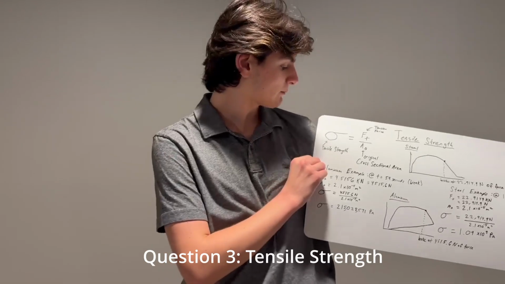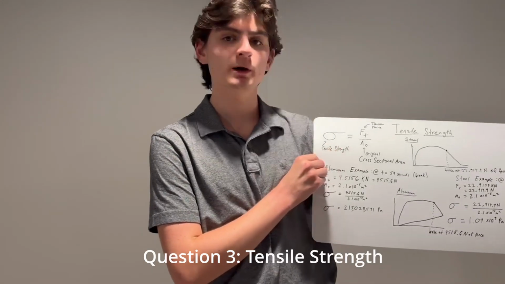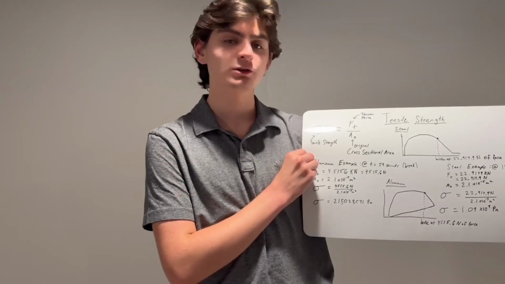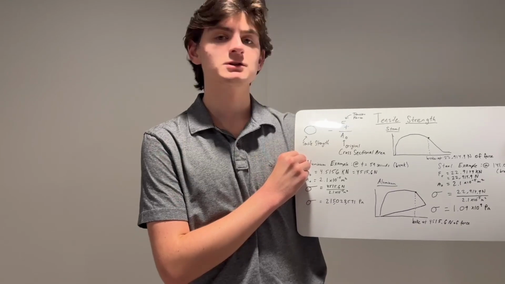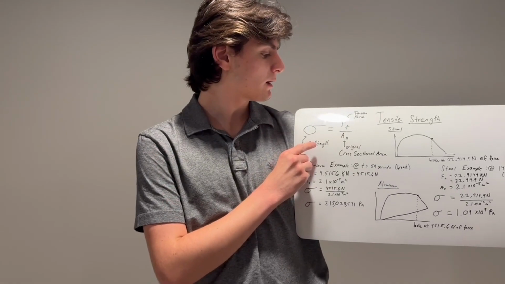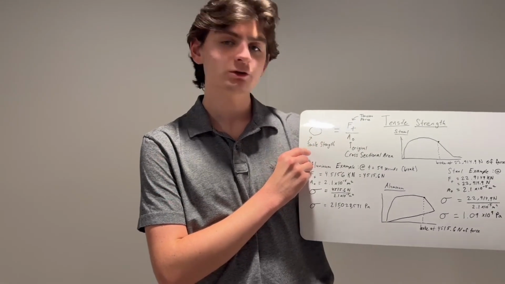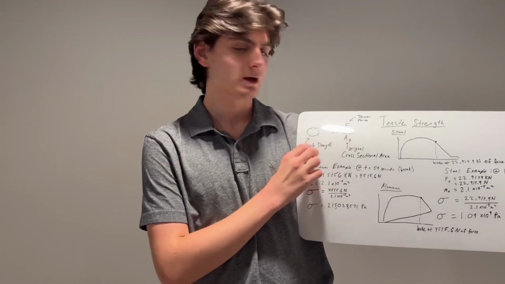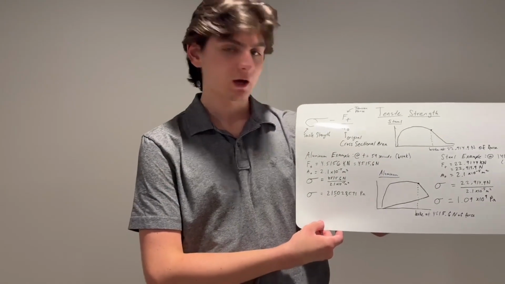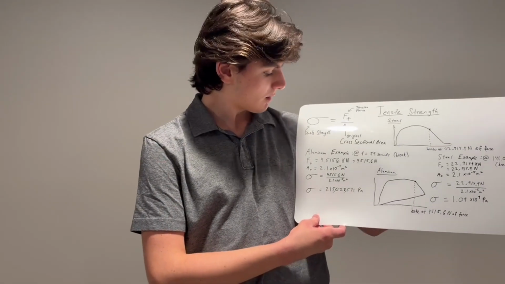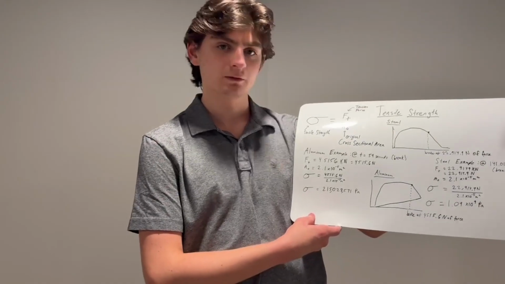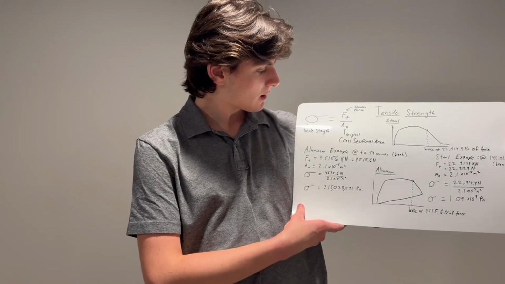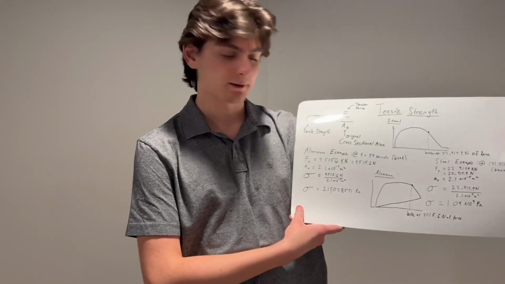Tensile strength is found by dividing the tension force by the original cross-sectional area. Tension force is demonstrated by Ft, while original cross-sectional area is demonstrated by A0. I have done 2 examples using aluminum and steel to demonstrate how to find the tensile strength.